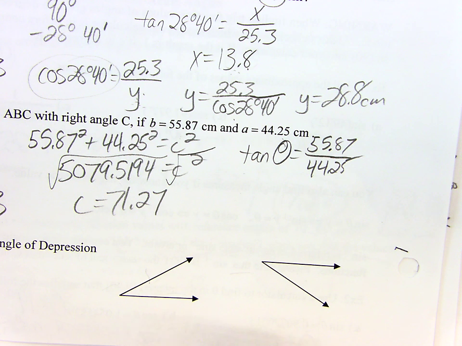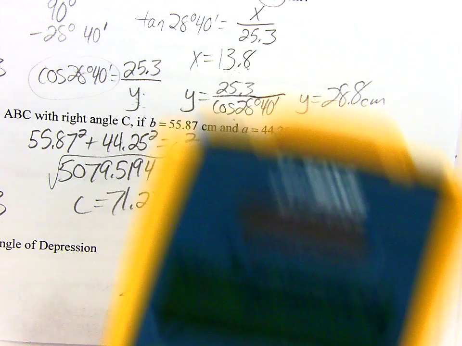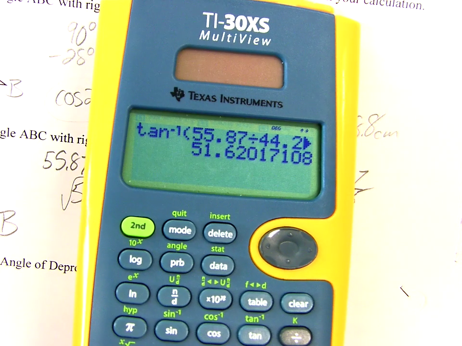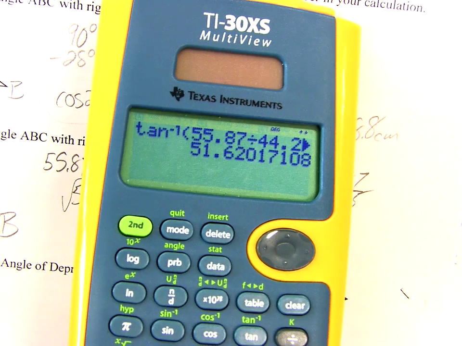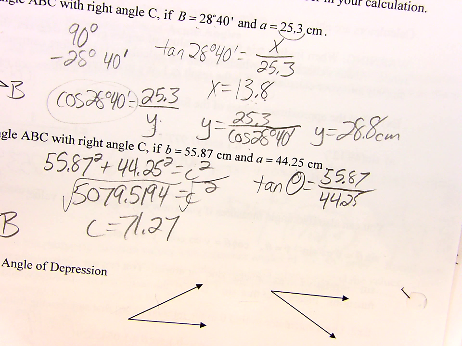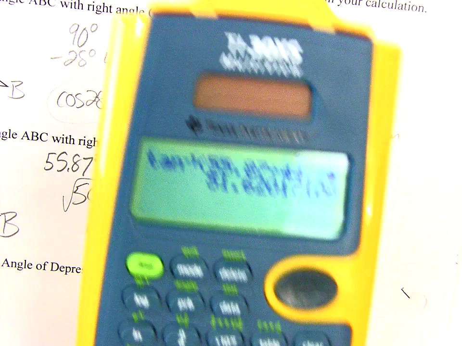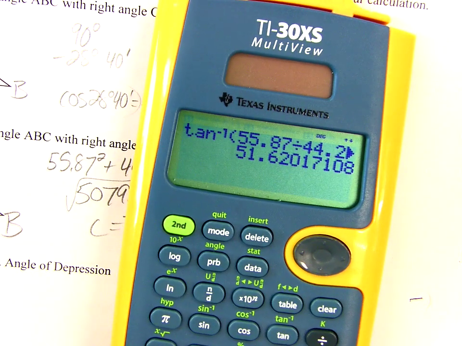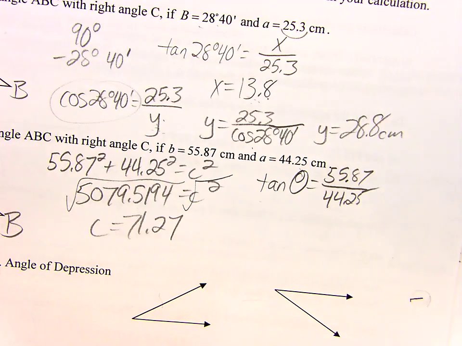Second tan, and then I just put 55.87 divided by 44.25 right in those sets of parentheses. I got that crazy number. Did you? And for significant digits, I want 4 in total, right? So that means that this answer would be? It's 51.62, correct.